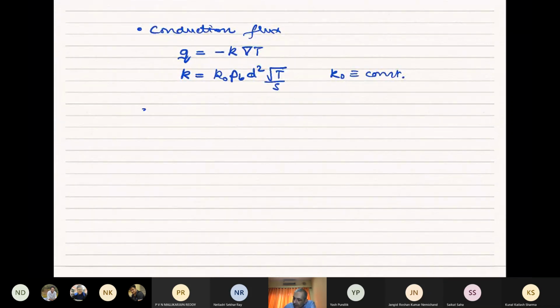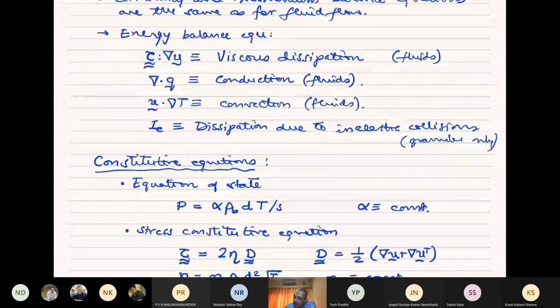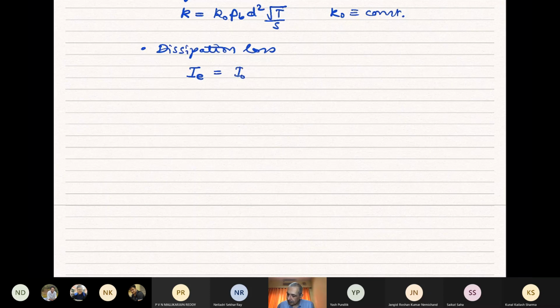And then of course there's this dissipation loss. I'm calling it IE because I is already the inertial number, so just not to get confused.